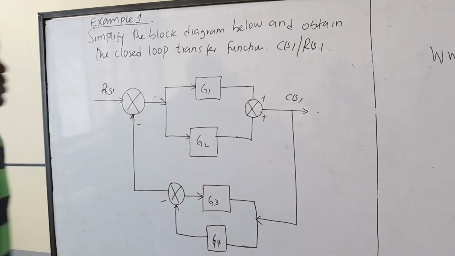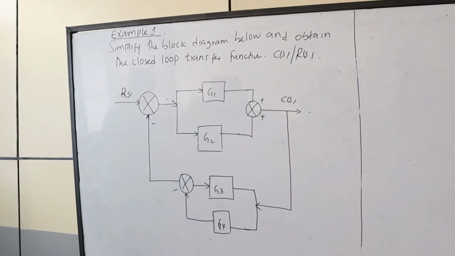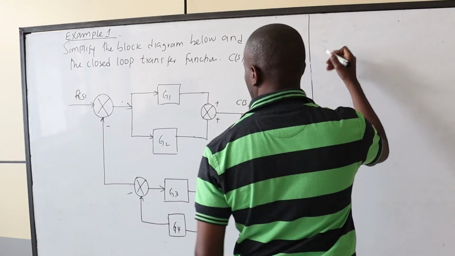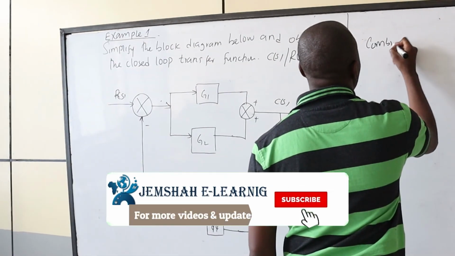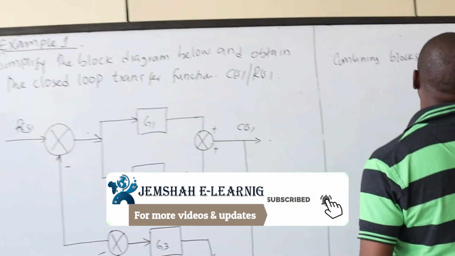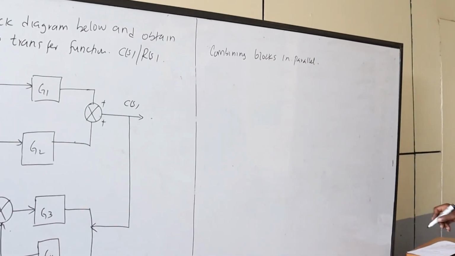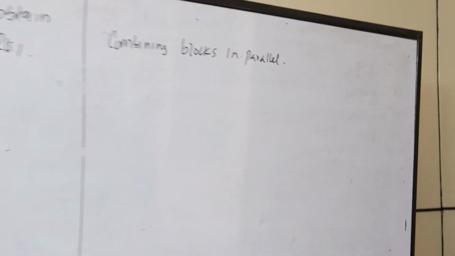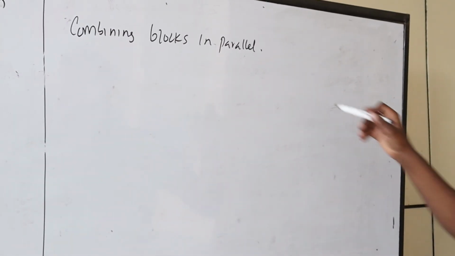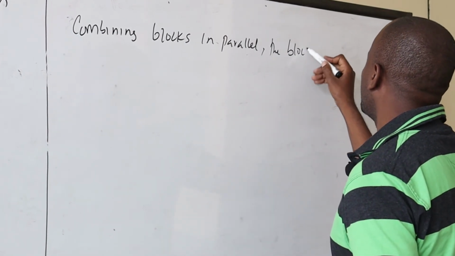Of course, if you want to combine the blocks in parallel, then you have to redraw this. So the first rule that we are going to use is combining blocks in parallel.